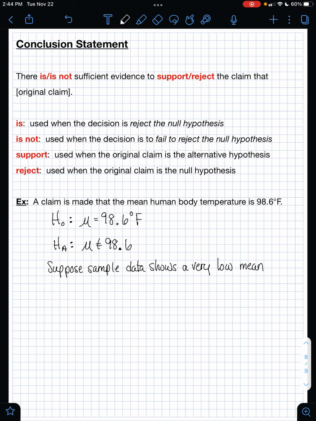Now, how low does it need to be? Well, that depends on the level of significance that we allow for. I'm not going to get into the technical aspect of it right now, but suppose our sample data shows a very low mean and leads us to the decision to reject H sub 0.